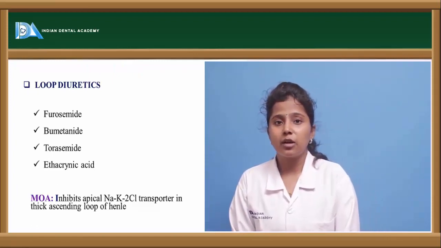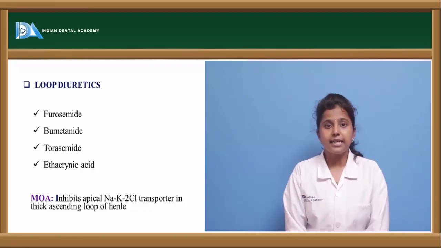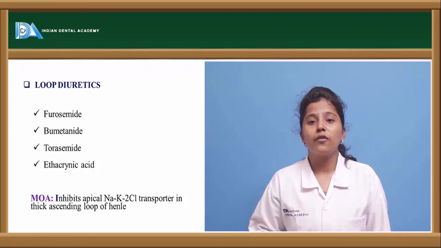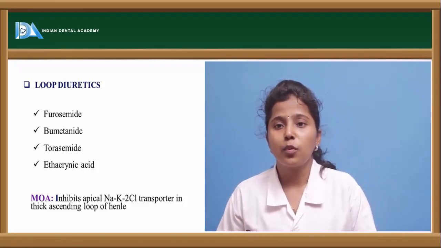The other category of drugs is loop diuretics. Loop diuretics include drugs like furosemide, torsemide, ethacrynic acid, etc. These loop diuretics usually act in the loop of Henle, at the region of the thick ascending loop of Henle.